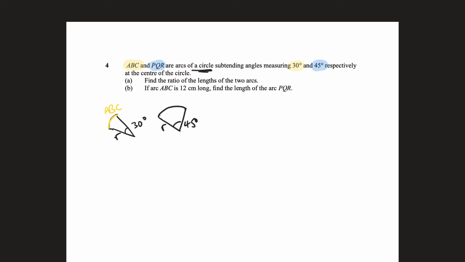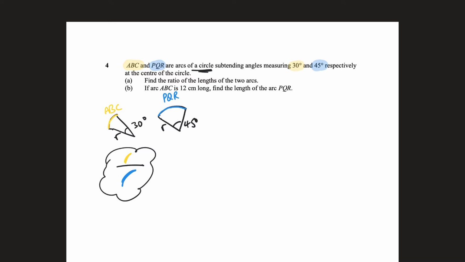So the question says find the ratio of the lengths of the two arcs. It's asking me the length of this arc divided by the length of this arc. Of course, this is just a diagrammatic way of showing it.